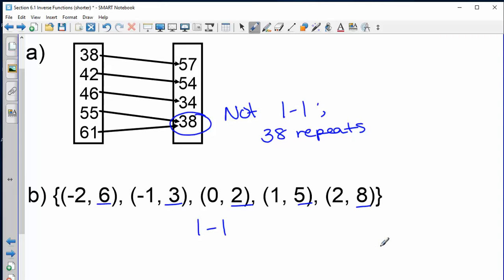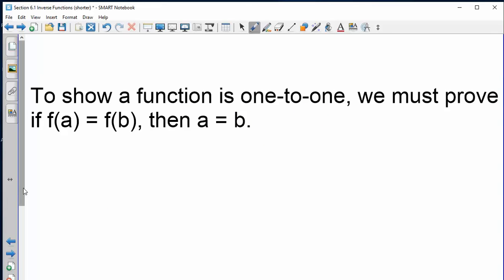Now, if our function isn't listed out as ordered pairs or a mapping, then we need other ways to figure out if it's one-to-one. So we're going to talk about a couple. We're going to look at an algebraic way and then a graphing way. Algebraically, if it's one-to-one, you can't get the same y value twice. So to prove it's one-to-one algebraically, we're going to plug in two different x's, an a and a b, and we're going to set those equal to each other.